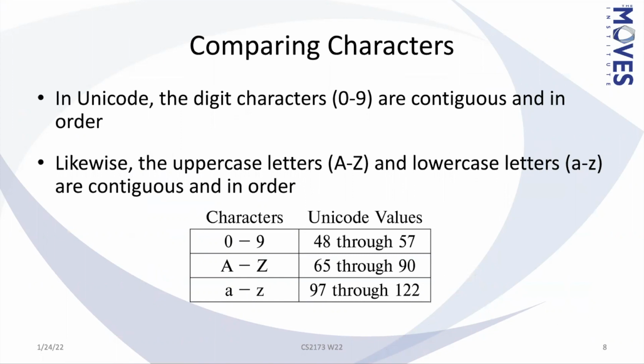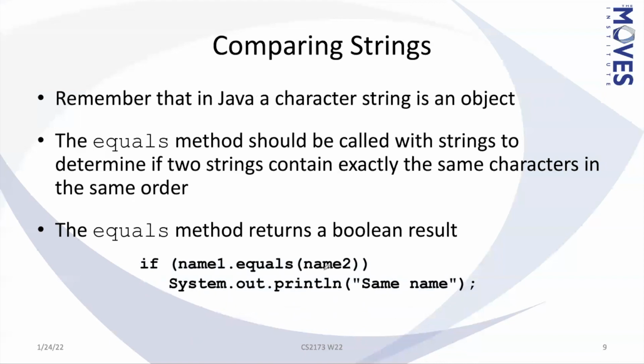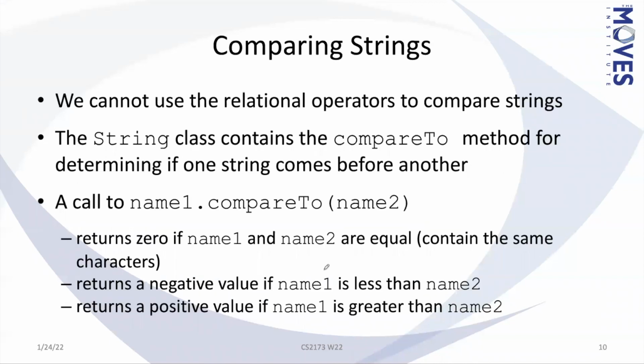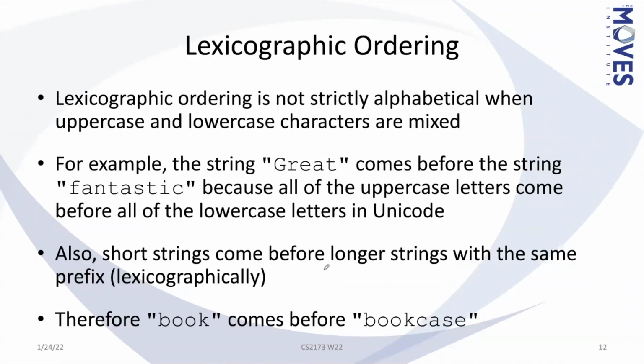And when it encounters a difference in the characters, it then compares the Unicode quantity to decide whether it's greater than or less than. So it's kind of alphabetical, but it's not strictly alphabetical when you have upper and lowercase.